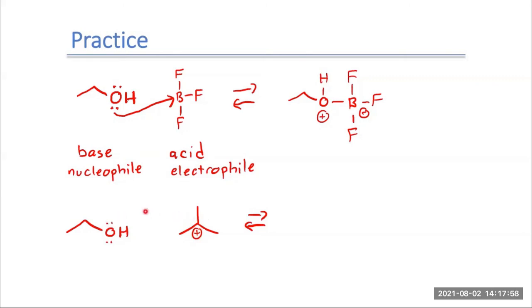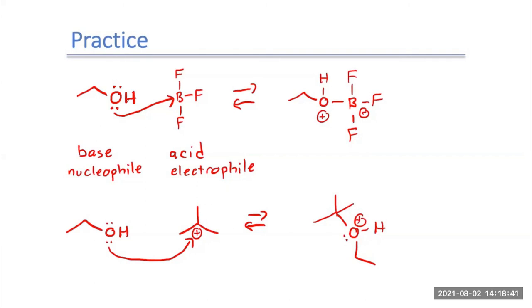Hey, I drew them in the same spot for you guys. So that means kind of the same thing happens. The lone pair will come and attack that central carbon. So now we have our ether product with the oxygen having a positive formal charge.